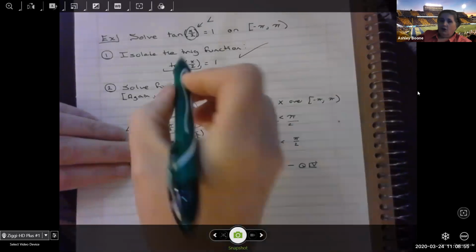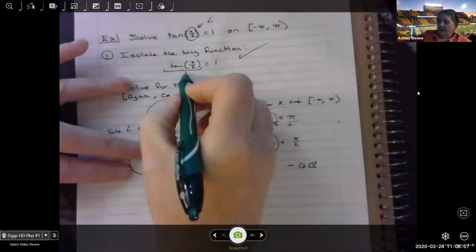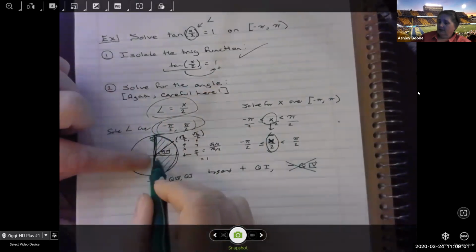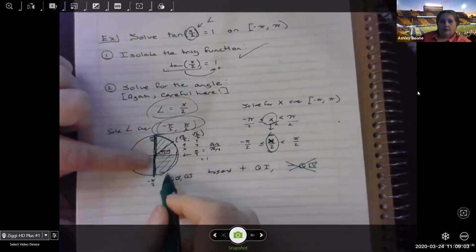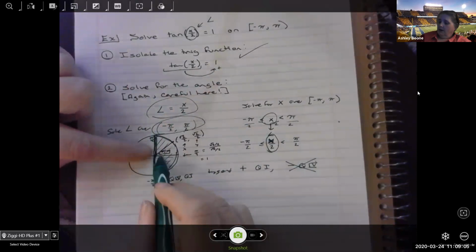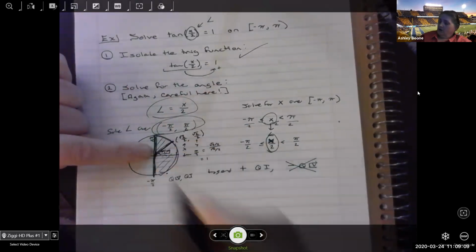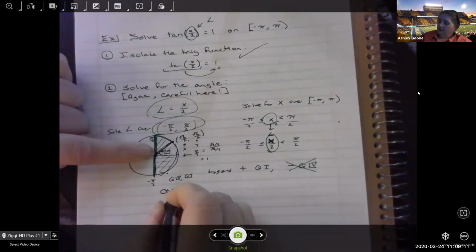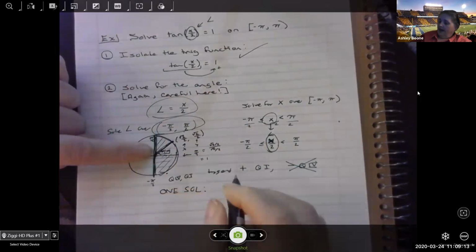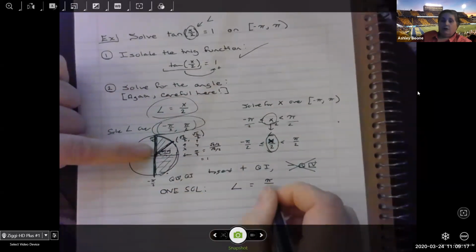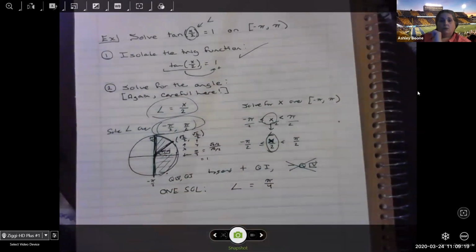Our equation wants to know where the tangent of the angle is positive 1. So we don't have any angles down here that'll work, okay? And there's actually only one angle in quadrant 1 that'll work. That's pi over 4. So we only have one solution for the angle, and that is pi over 4.